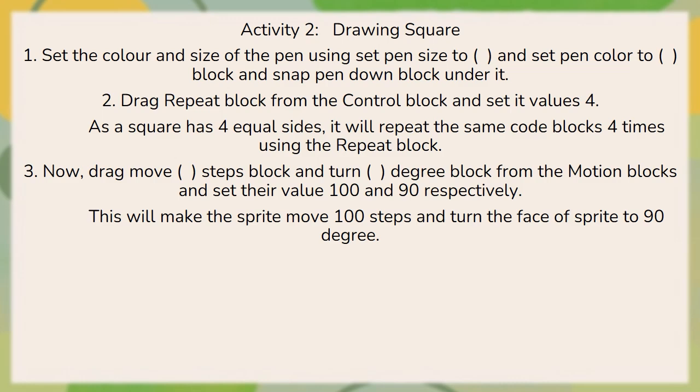As a square has 4 equal sides, it will repeat the same code blocks 4 times using the repeat block. 3. Now, drag the Move Steps block and Turn Degrees block from the motion blocks and set their values to 100 and 90, respectively. This will make the sprite move 100 steps and turn the face of the sprite by 90 degrees.